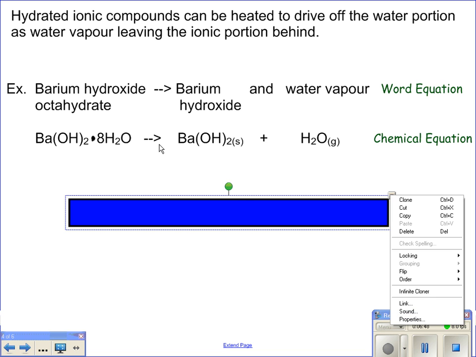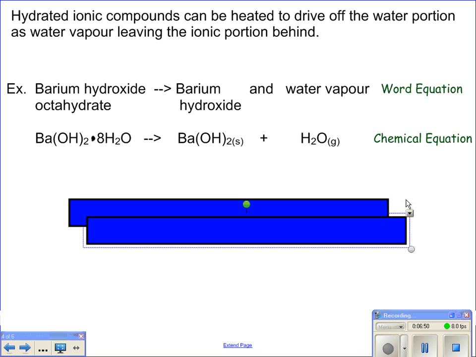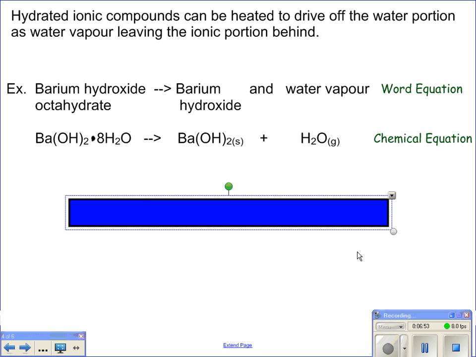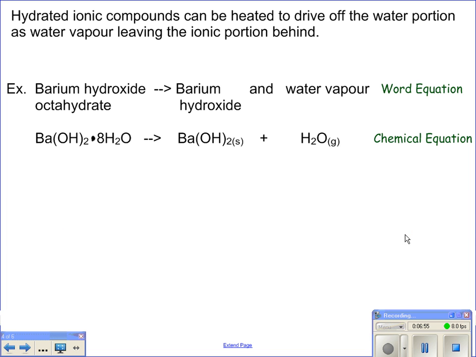And so this one is a really nice one because it's actually a true split. In that just the ionic piece stays off by itself unchanged, and the water gets heated up as steam, and there would of course be 8 of them because there were 8 to start with, and you just have the water evaporating, leaving the solid behind.